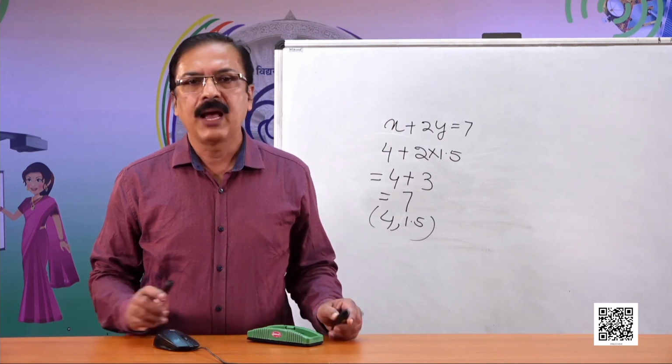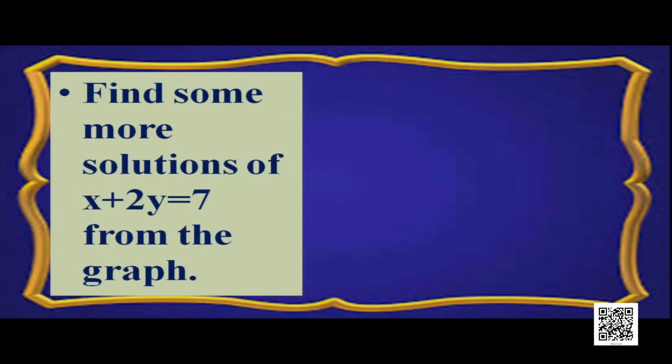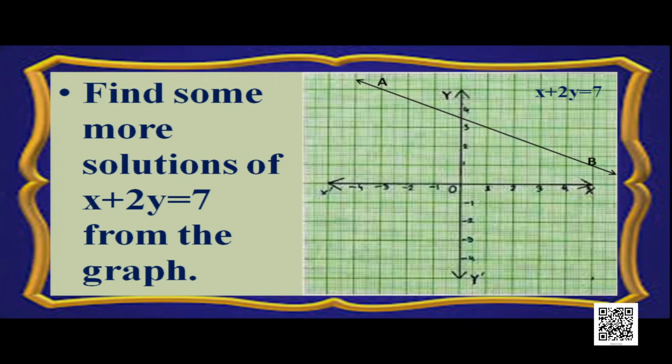Now let's have a look. Find some more solutions of x plus 2y equal to 7 from the graph. Here you see, this is the graph of x plus 2y equal to 7, and the line is AB. Let's find some points where we can easily find the coordinates. These points we can identify, and now let's have their coordinates.